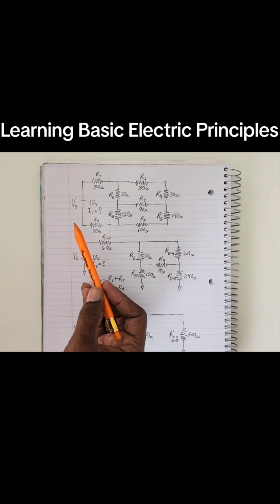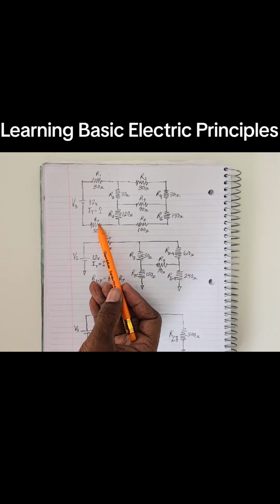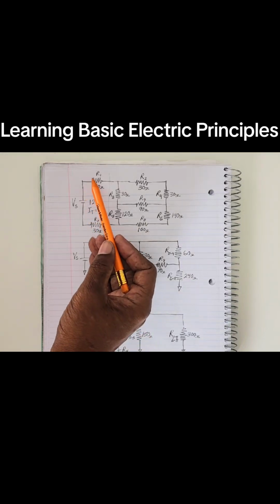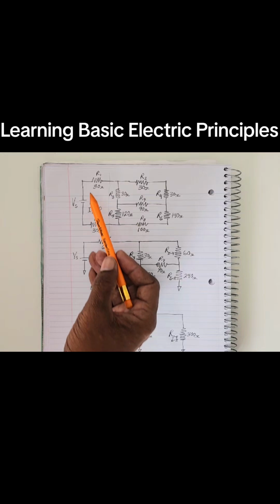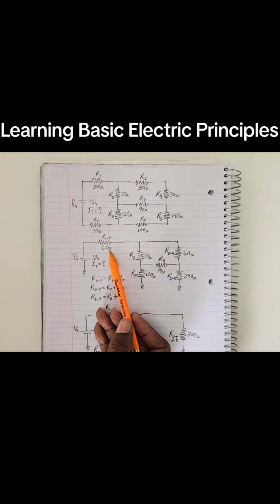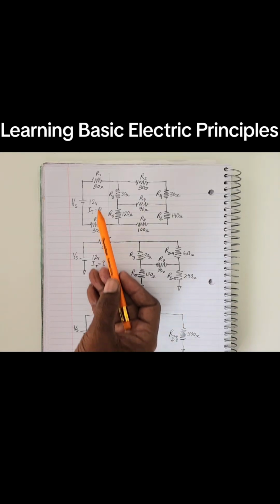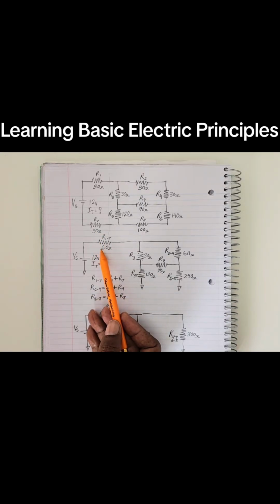Or you could think of it this way: the current flowing out of this voltage source is the same current that's returning to this voltage source. So therefore, these two resistors are in series. In other words, 30 plus 30, because they're in series, is 60 ohms.